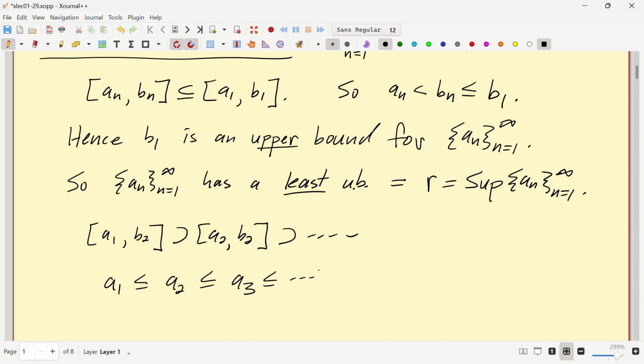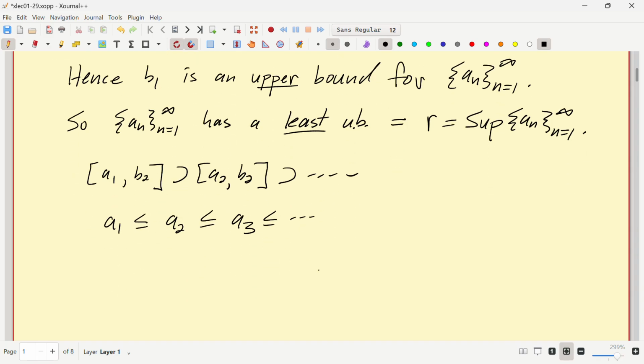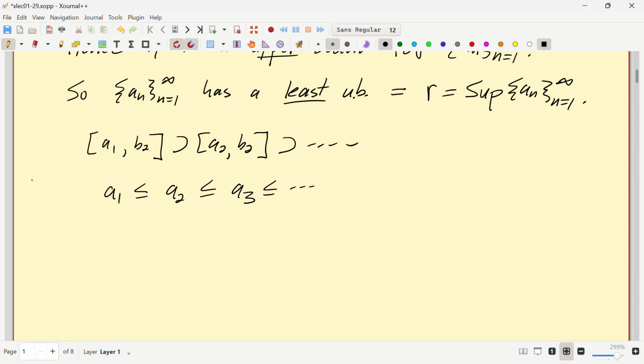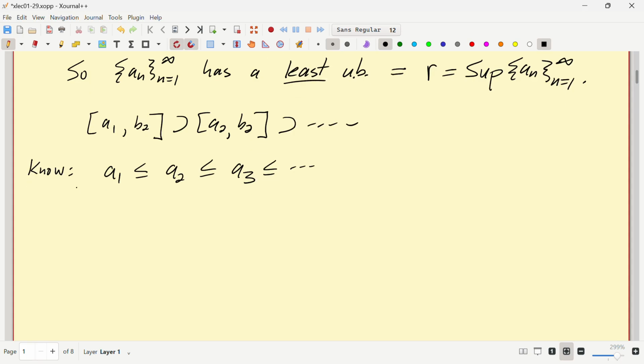The funny thing about doing this next thing is I have to split it into two pieces. So we know this. The bigger those numbers are, the smaller those intervals get.